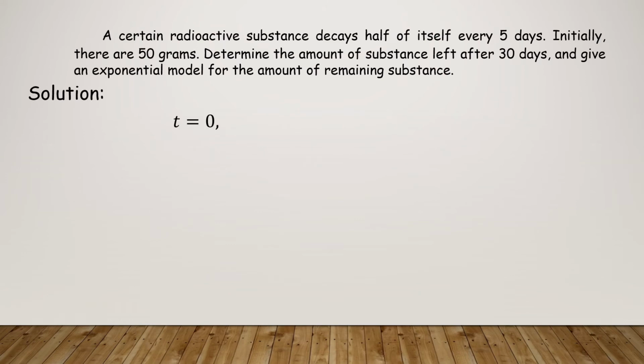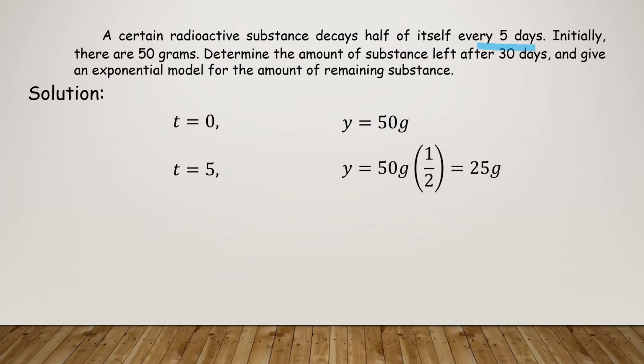If t is equal to 0, or initially, hindi pa tumatakbo yung araw, we have 50 grams. After 5 days, sinasabi, nag-half daw siya every 5 days, yung ating substance. We divide this by 2 or multiply by 1/2. So, therefore, we have 25 grams na lang.